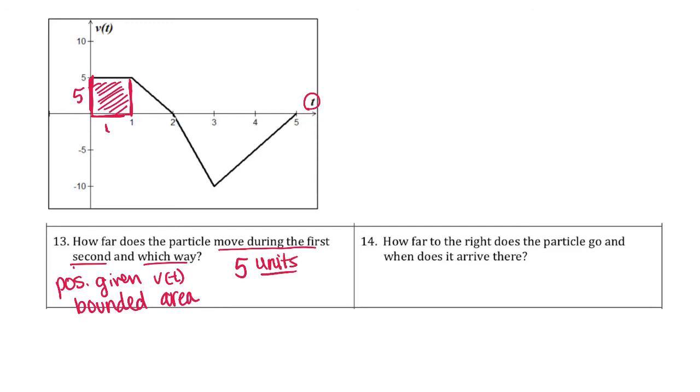Units per, we weren't given that either, so we're just going to say per time, or whatever it is. Now, which way did this move? We're above the x-axis, so we're positive. So it's going to move to the right. And it's moving to the right because v of t is positive.